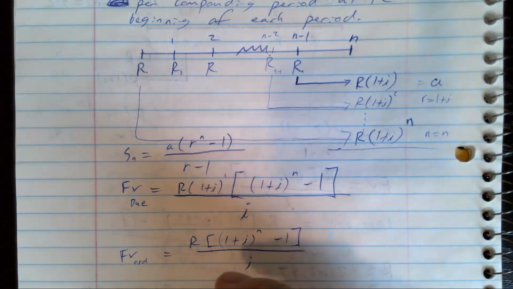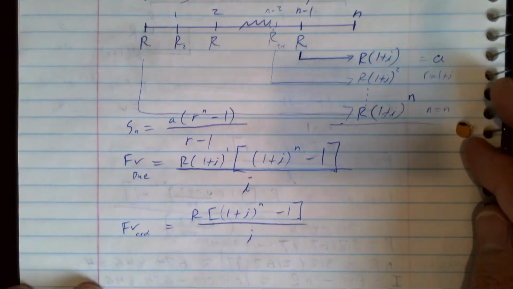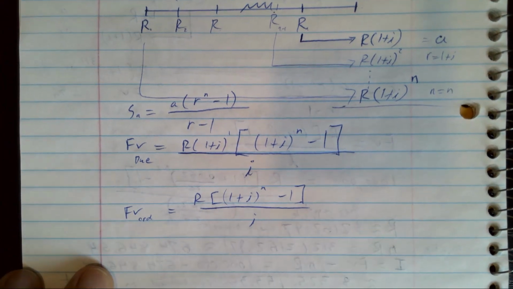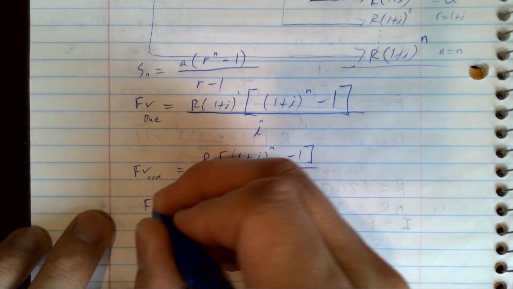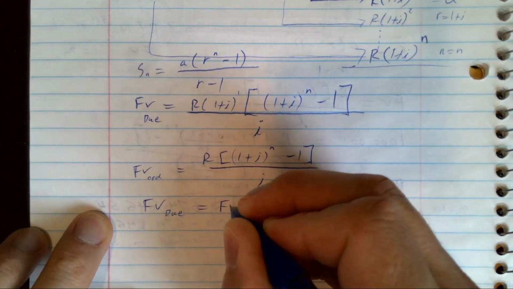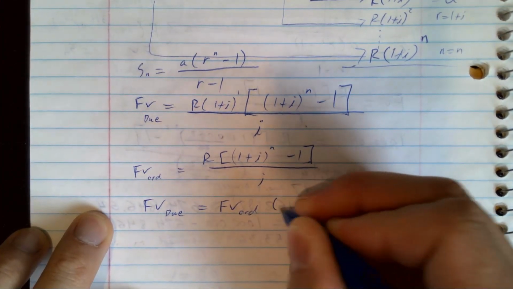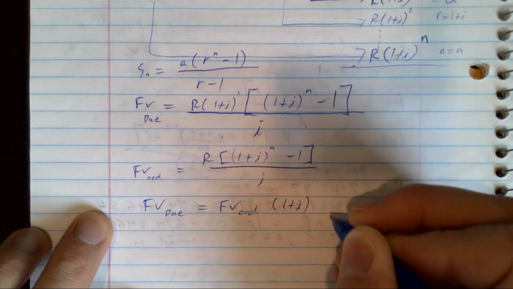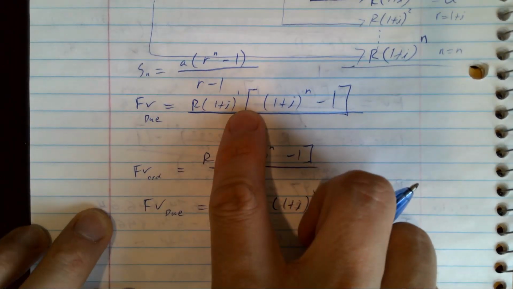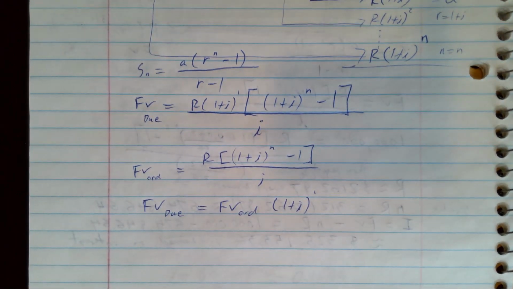So all of my payments together have one more chance to grow. And that's where you might notice that the future value of an annuity due is actually the future value of an ordinary annuity with just one more chance to grow. You're just putting in a factor of 1 plus I on every single term there.